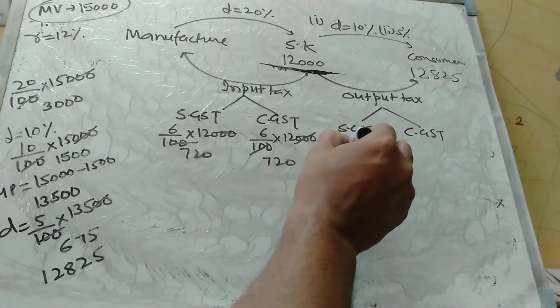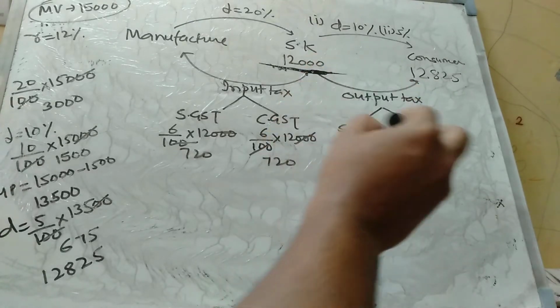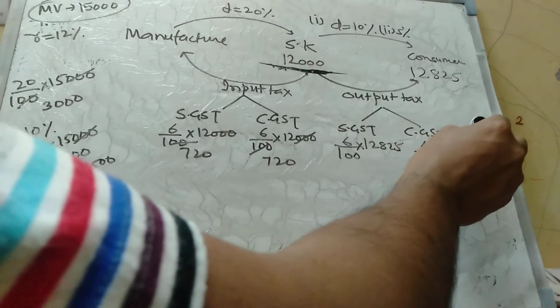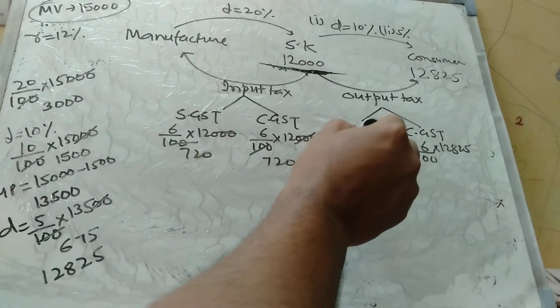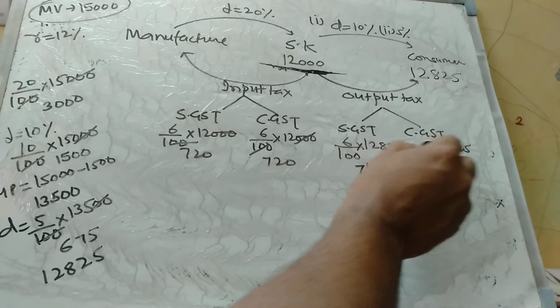Similarly, 6% of selling price would be 769.5.